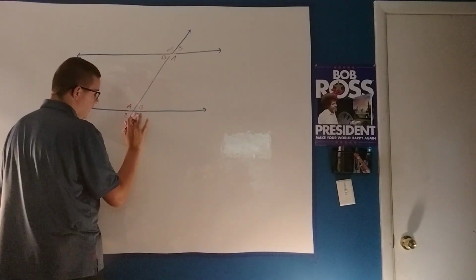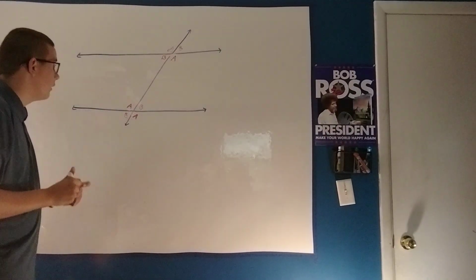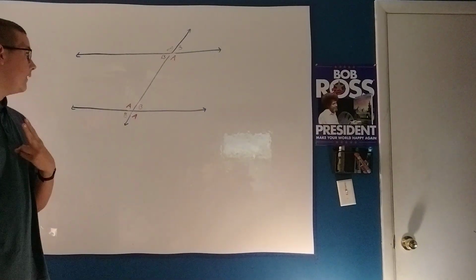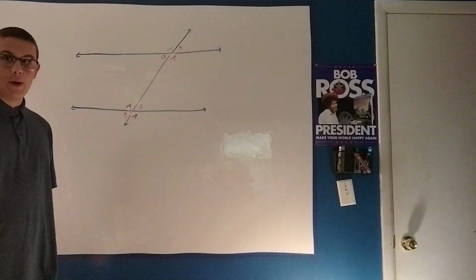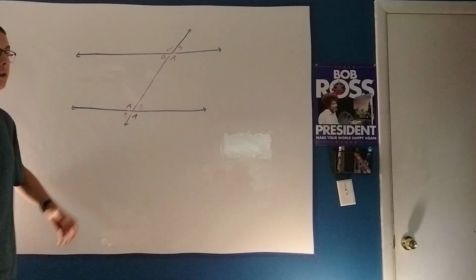So we can put an A there and an A there. So just like that, we've simplified this down to having only 2 angles. We have A's and B's.